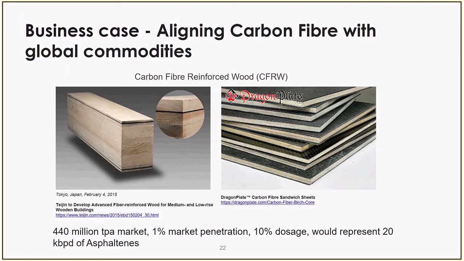With 1% market penetration where carbon fiber reinforcement is in the wood, a 10% dosage would represent 20,000 barrels a day of asphaltenes. So if you look at that, and we've gone over the advantages on the feedstock from a pricing perspective, we've looked at these global commodities with concrete, with steel, with wood products. There's some tremendous business case emerging here to start to look into this further.